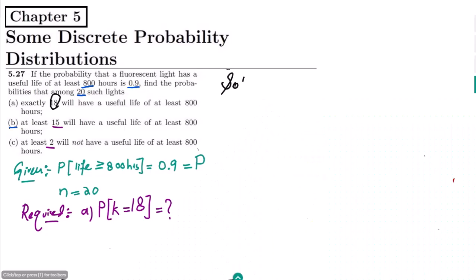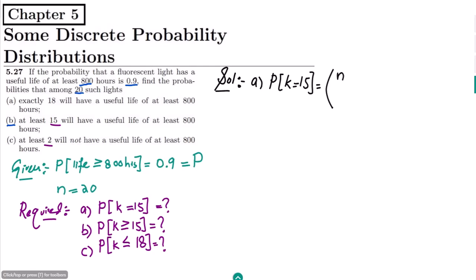The solution is here. In order to find the probability that k is equal to 18, we need to use the formula: n choose k, p to the power k, and 1 minus p to the power n minus k.